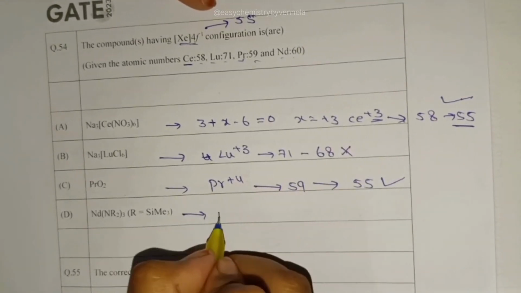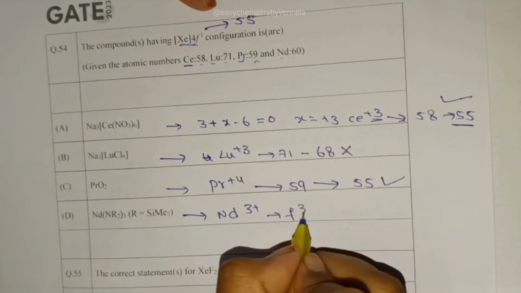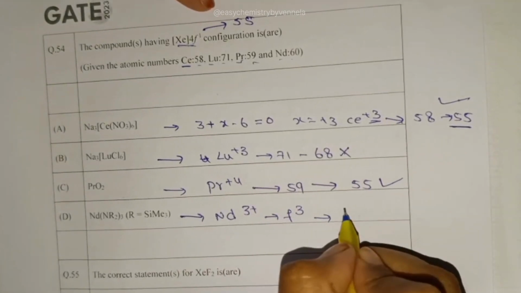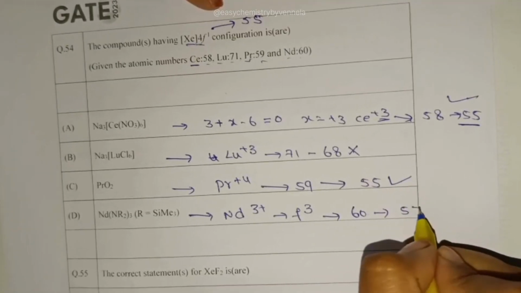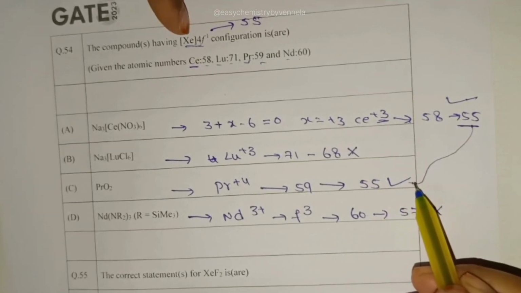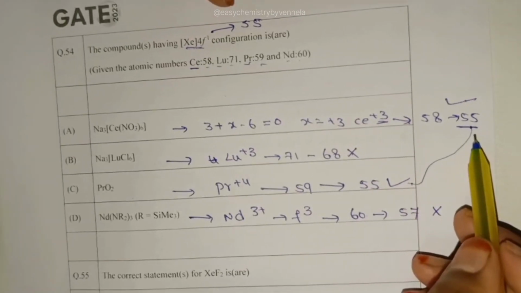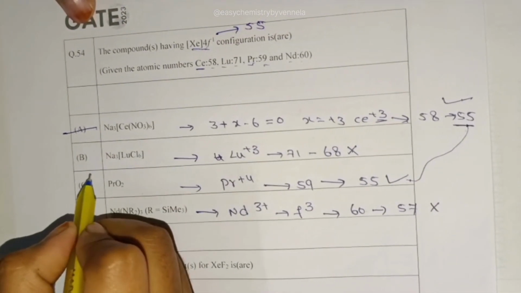It is right. Next, Nd plus 3 is 4f3 configuration. It has 60. By losing 3, it forms like this, 57. So this is wrong. Only these two can form Xe 4f1. Correct options are A and C.